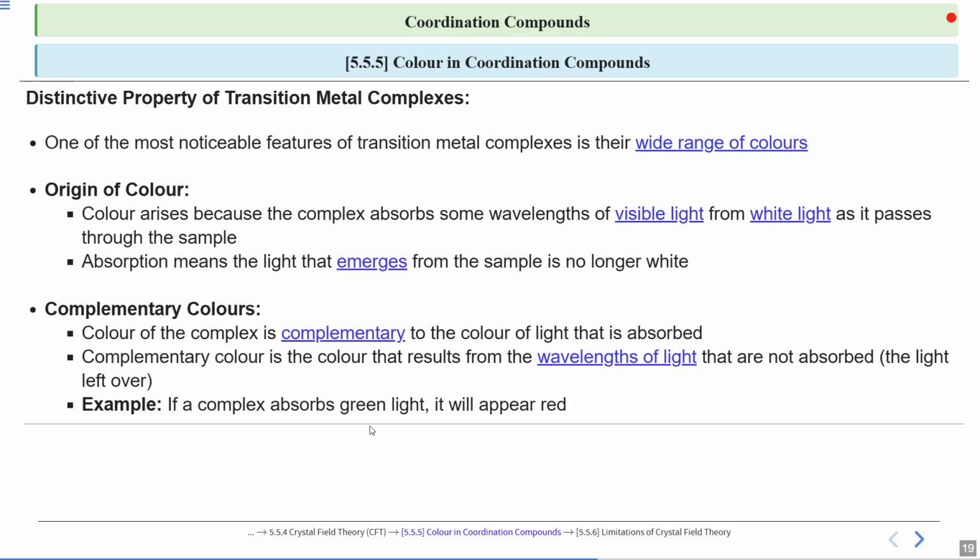It absorbs the green light, but it is appearing red. So the complementary color is the color shown by the complex, complementary to the color of the light that is absorbed by the complex.